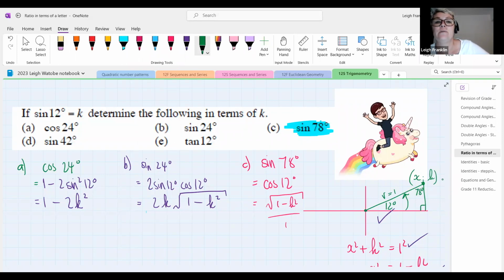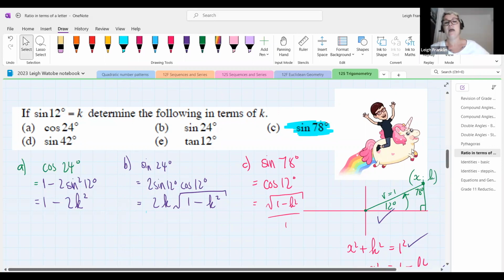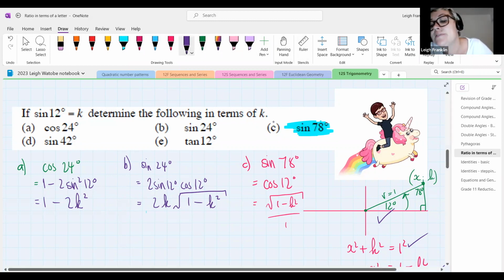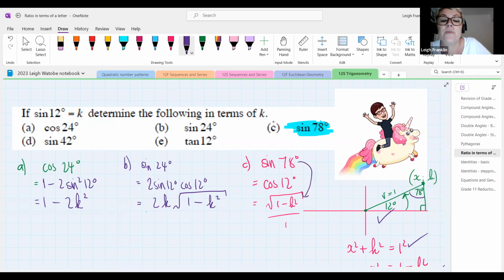Then that's absolutely fine, you'll get all the marks, but you must label the angle. If you label the angle over here, you can go straight from there to there and you'll get all the marks. Not a problem, Tsegofatso, I'm glad you brought that up.